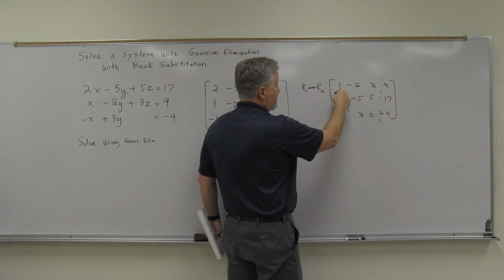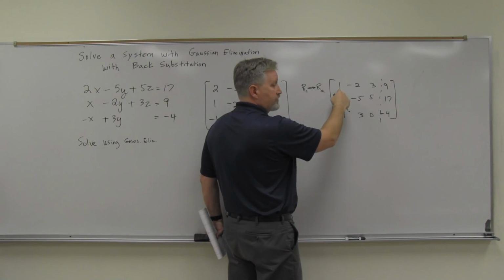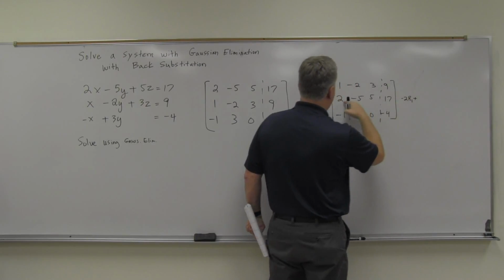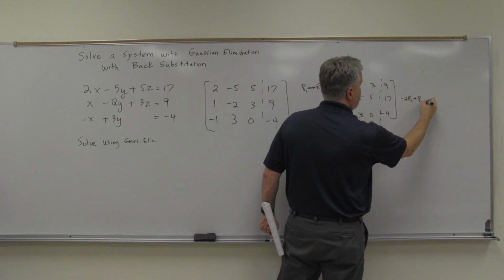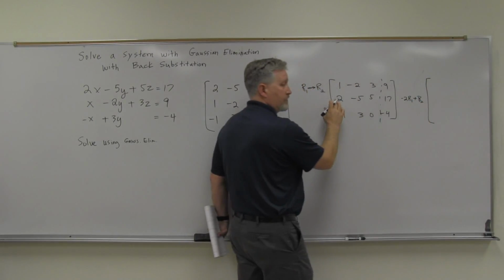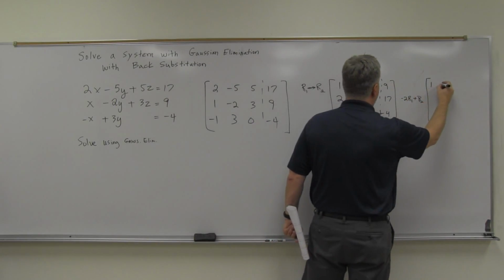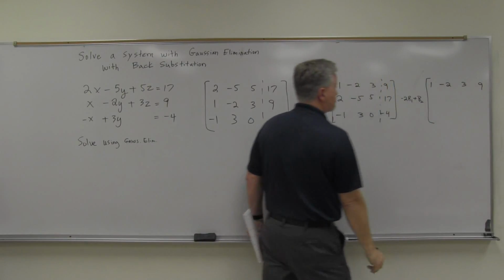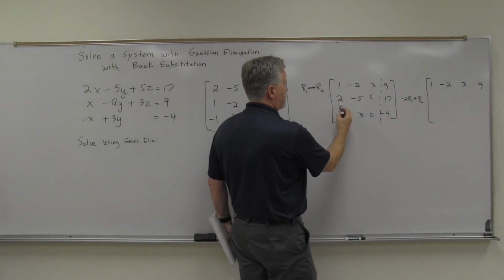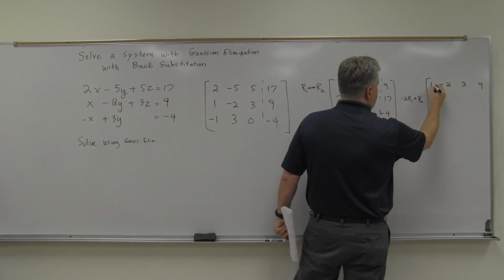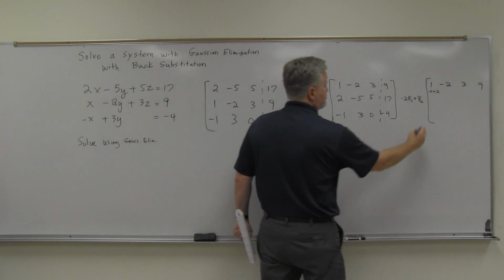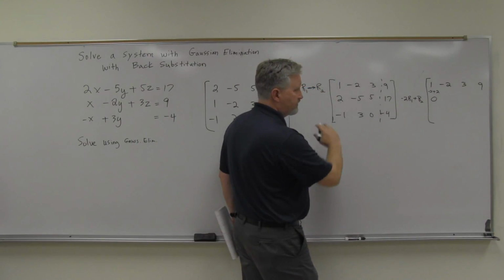Well, I'd take negative 2 times row 1 and add that to row 2. That'll get the 0 that I want right here. So leave row 1 as is, and then negative 2 times row 1 plus row 2. That'll give me the 0 there, but I got to do that all the way across.